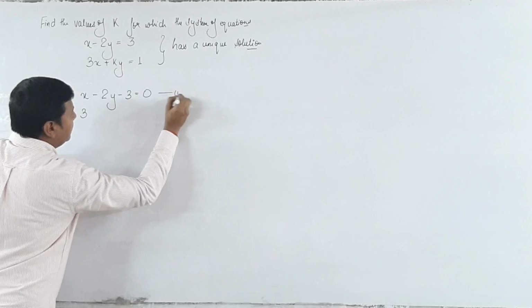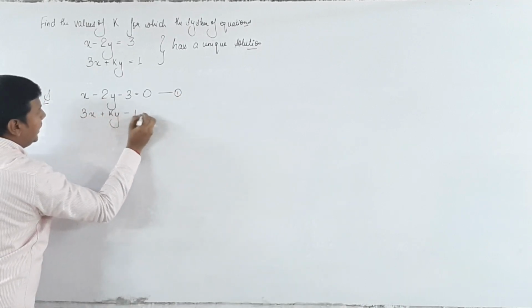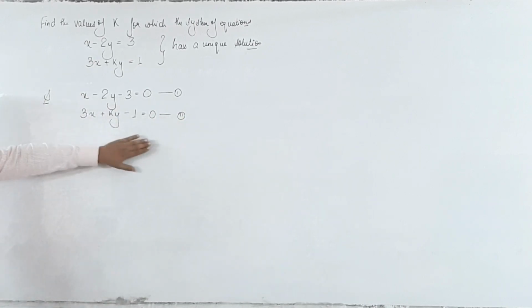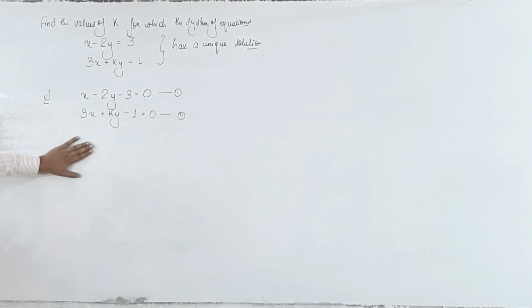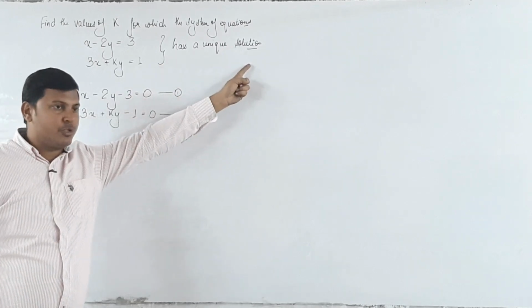That's the first equation. And 3x plus ky minus 1 is equal to 0. So we will first convert the equations into their appropriate form. Now we see that the above question has a unique solution.